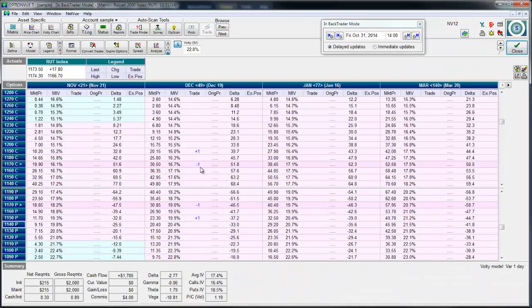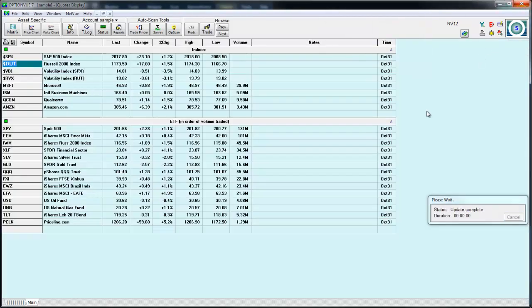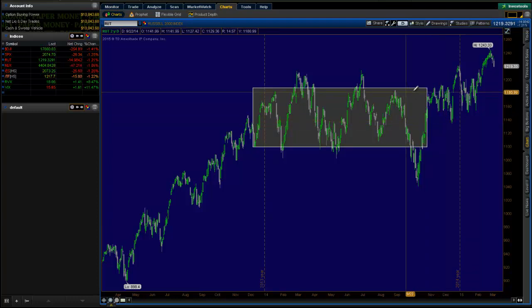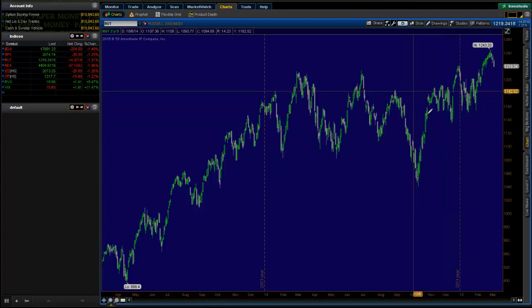So you'll notice that it's not that one is better or worse than the other. They're just different. And I think that once you understand that the butterfly and the condor operate similarly, it's just where you place the wings and where you place the strikes, you will begin to understand why it is so important to practice both.